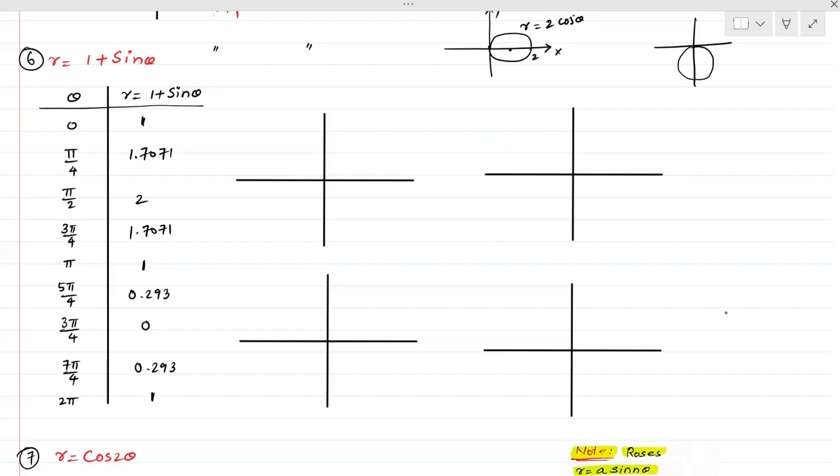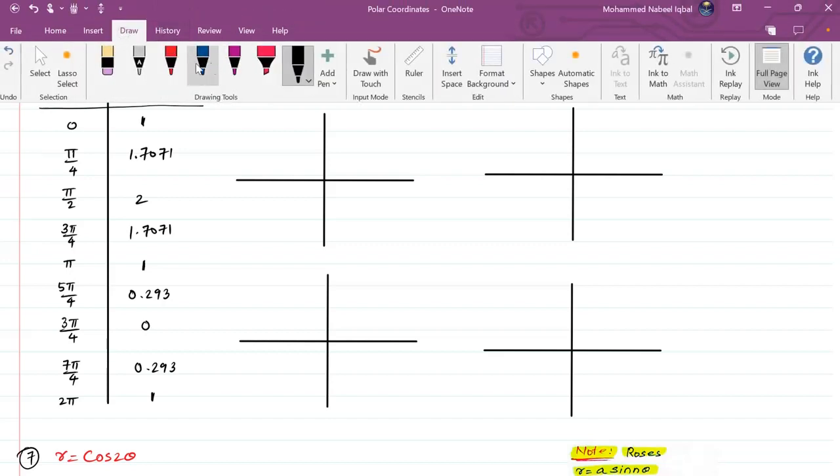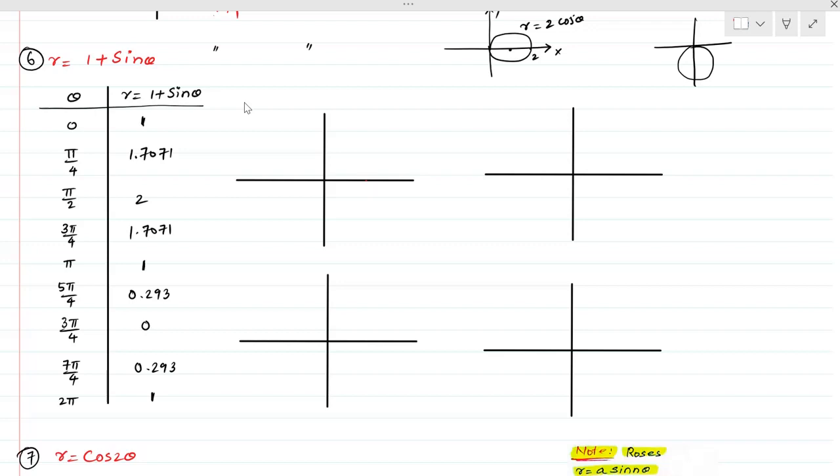So why are we taking this one? Because here it is starting with 0. I will plot the points here. What are the points here? 0 degrees, 45, then 90, then 135, then 180, 225, 270, 315, 360.